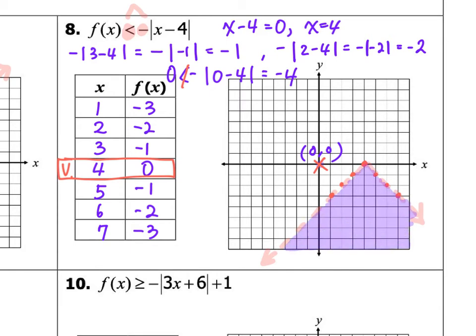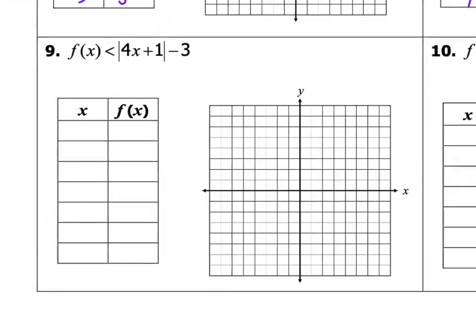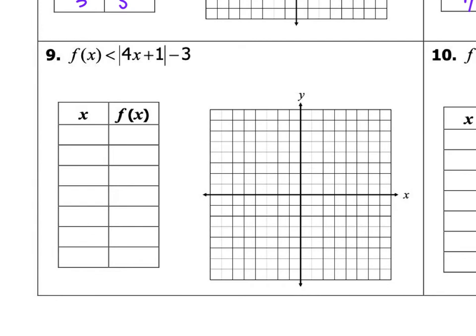There you go. All right, now let's move on to number 9 right here. So it has 4x plus 1 set equal to 0, and so x is negative 1 over 4, or you can even use a decimal, negative a quarter.